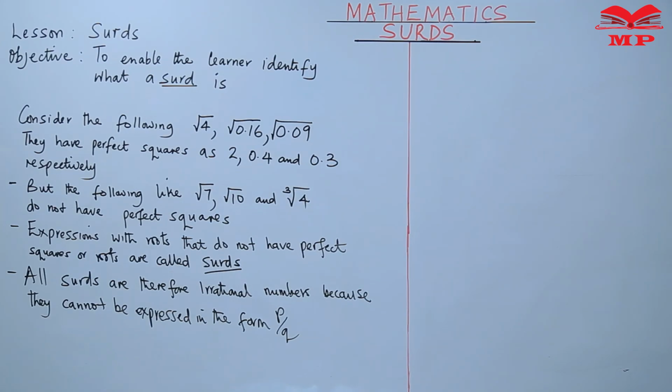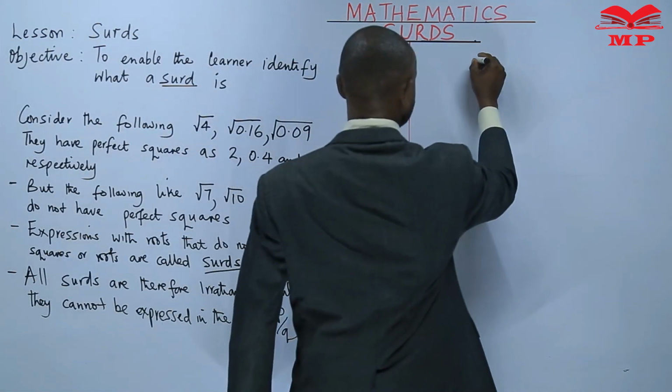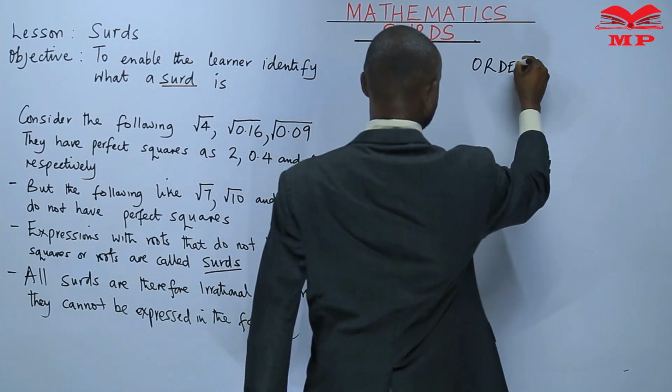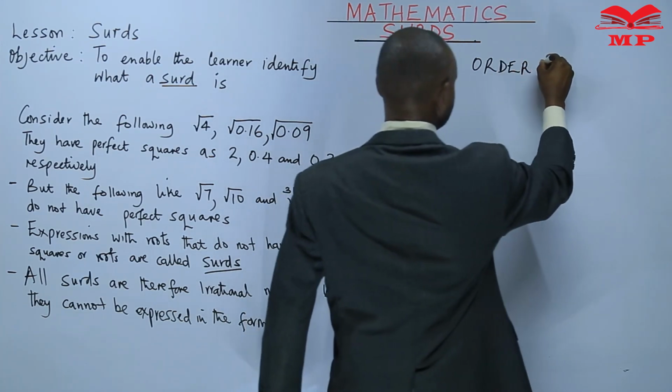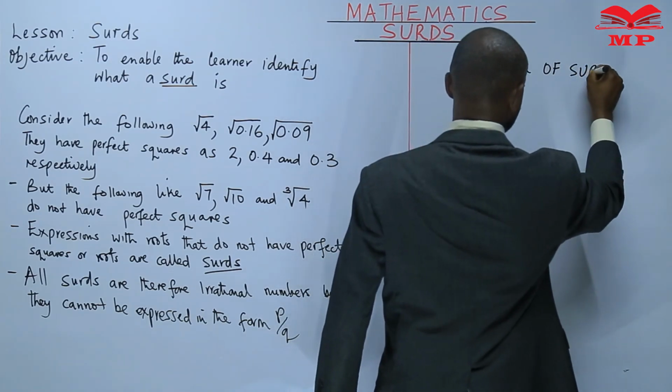Then we have the order of surds. They also have an order.